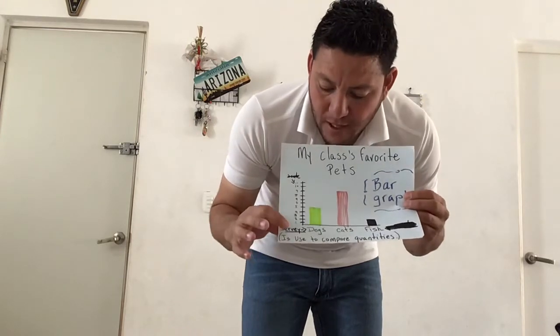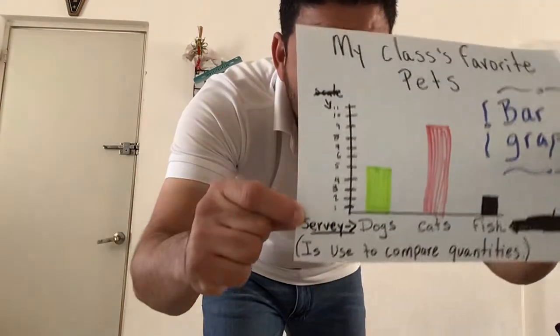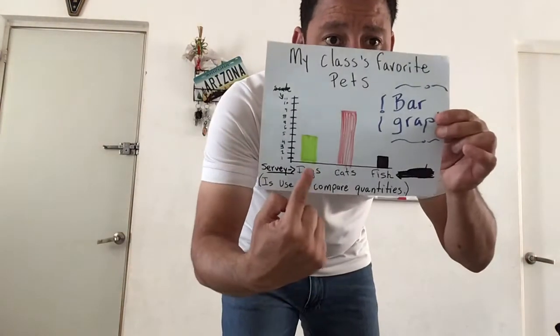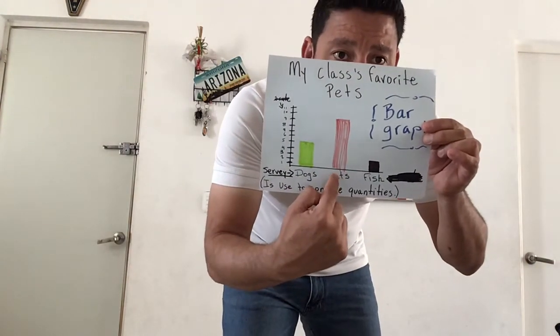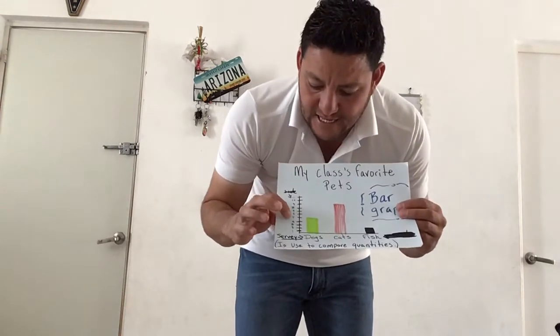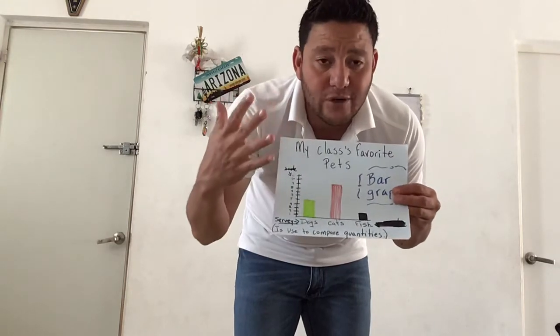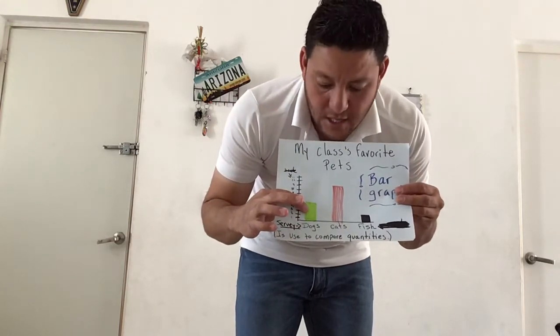For example, there's another vocabulary word I want you to know. This is a survey. The survey will be the dogs, the cats, or the fish. Some people say that 5 of them have dogs as pets. 5 students have dog pets.